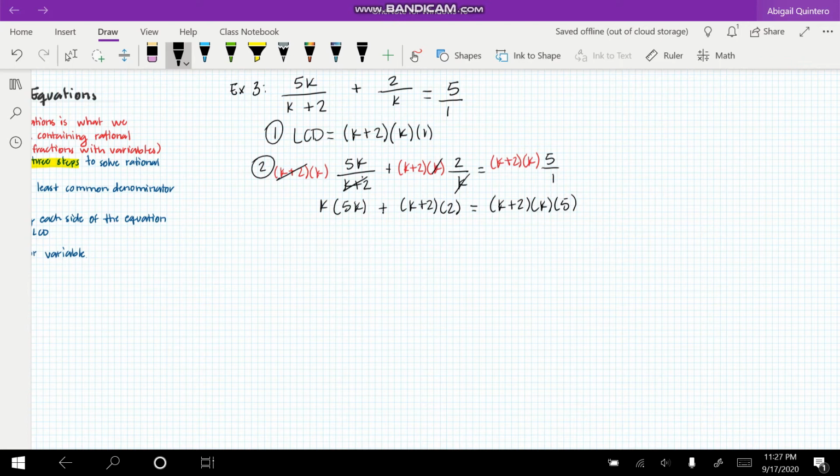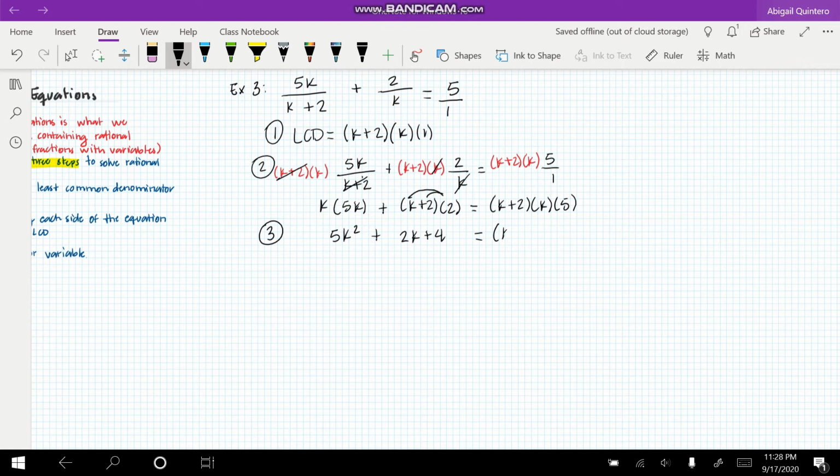So now that we have this, we're going to go ahead and do step 3, which is solving for the variable, and that includes simplifying the equation. So I'm going to multiply k times 5k, which is going to give me 5k to the second power, plus k plus 2 times 2. 2 will multiply both values, so it will be 2k plus 4 equals, and then here we want to multiply everything, right?